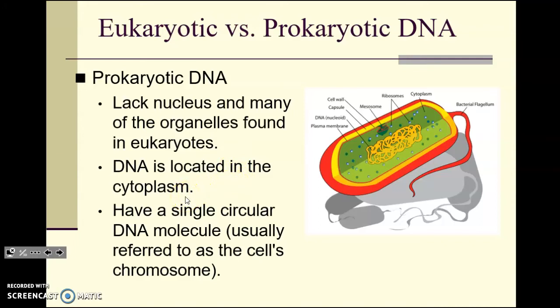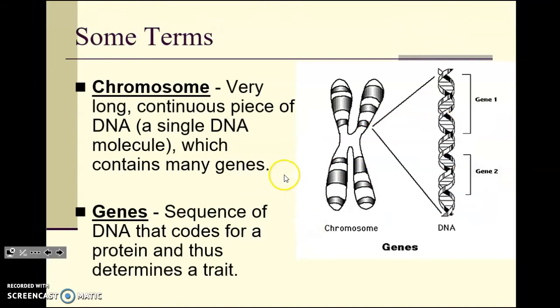So it's just in the cytoplasm, and there's one single long DNA strand all intertwined with itself in that cytoplasm. And that intertwined DNA, that single strand, can come together and form what's called a chromosome, which is a more uniform shape of all that DNA strand all packed together.